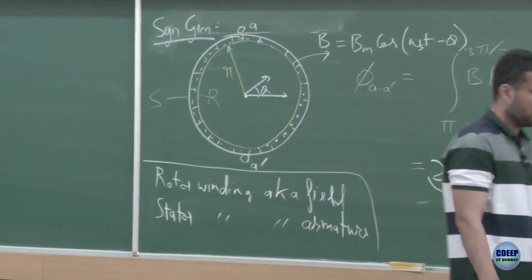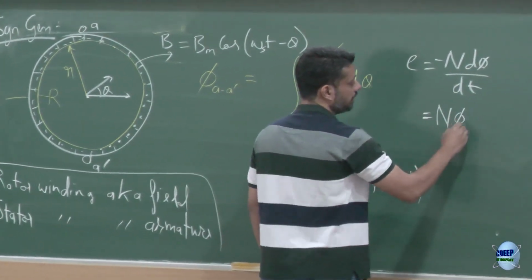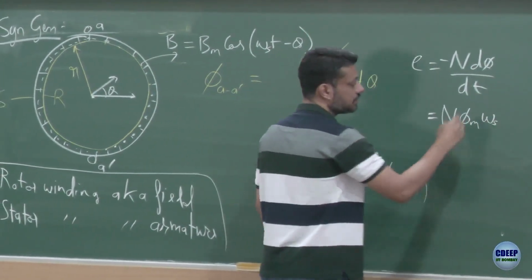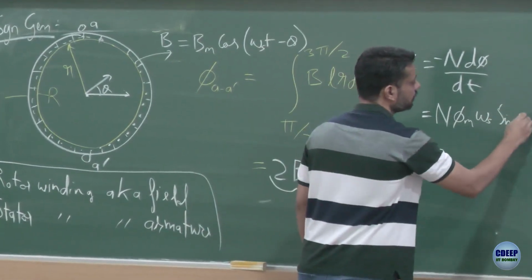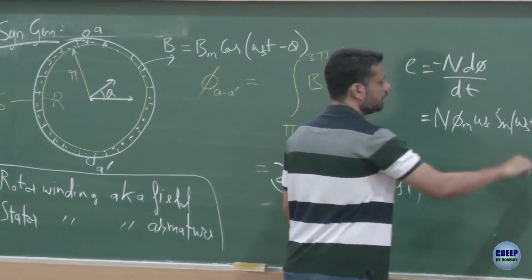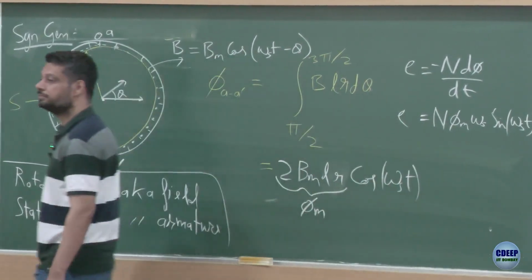So E comes out to be equal to n phi m omega s sine of omega s t. Is that okay?